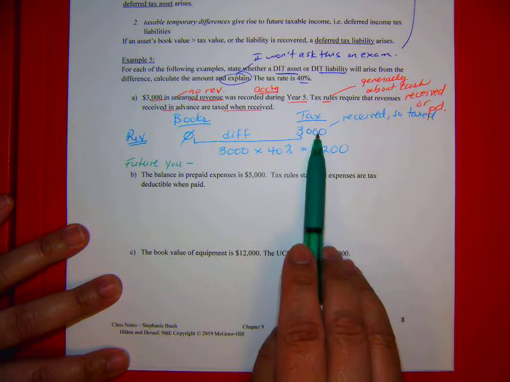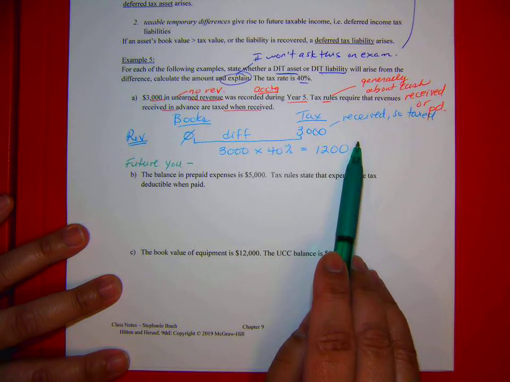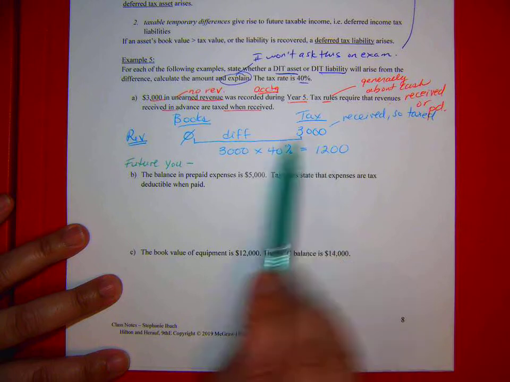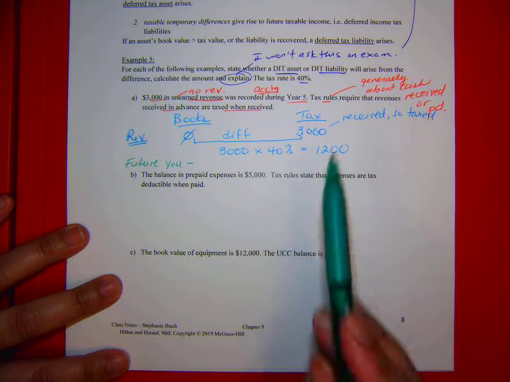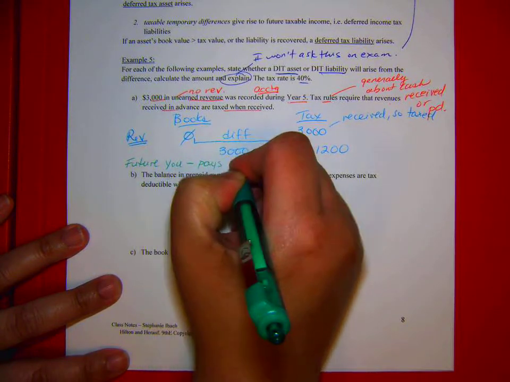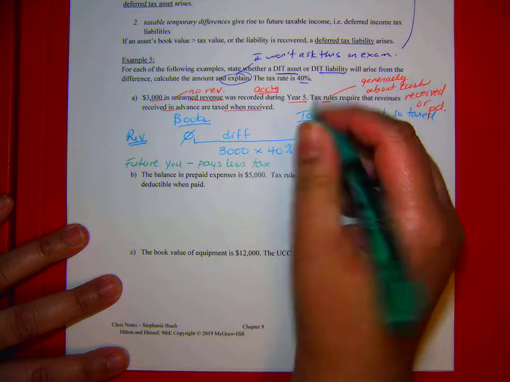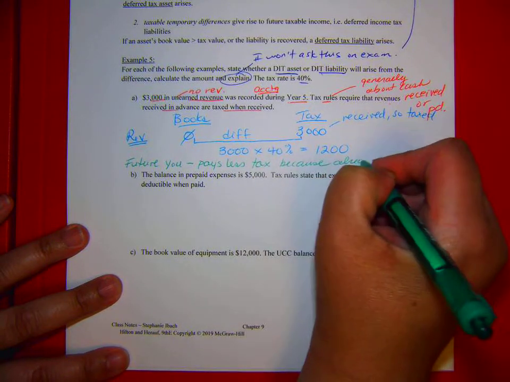Well, right now you paid all the tax on this transaction. So future you doesn't have to pay tax. Accounting will record revenue, but for tax purposes you won't, so you'll be happy. So future you pays less tax because you already paid this year.